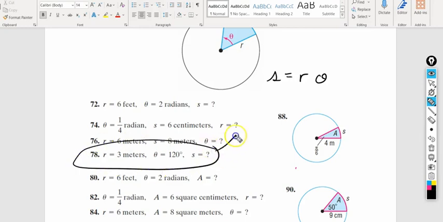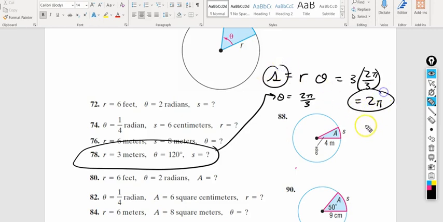For this, theta is equal to 2 pi over 3 radians. So this is going to be r, which is 3, times 2 pi over 3. The 3's cancel and you're going to get 2 pi. And if you're going to type this answer into WebWork, type in 2 pi. And that's the exact answer.